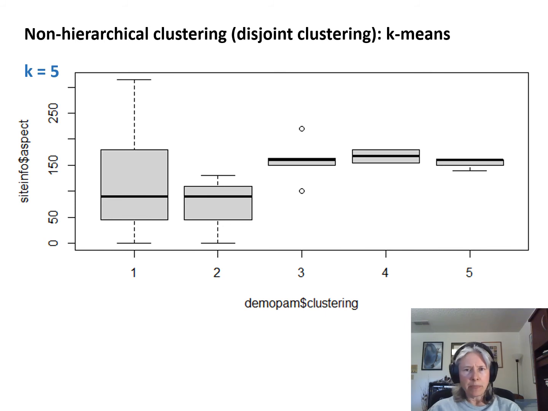So this indicates that possibly clusters 1 and 2 really should form a single cluster, at least on the basis of aspect, and clusters 3, 4, and 5 form a separate one. And so this means that my initial k equals 5 may not be ecologically valid, at least for this environmental variable.